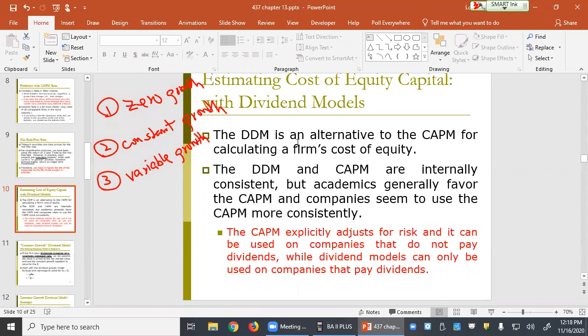The authors use DDM. It just means dividend discount model. So the dividend discount model is an alternative to the CAPM for calculating the company's cost of equity. Which one of the 3 is appropriate when estimating cost of equity? Well, it depends on what kind of dividend you have been having in the past.